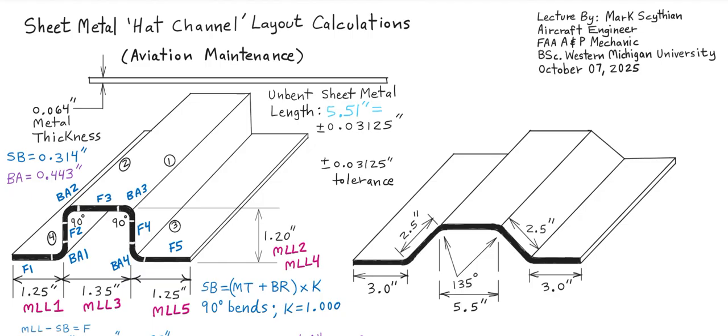And that is not simply just a significant digit mathematical calculation, but it is with respect to the FAA requirements as per AC 43-113B. So legally, it would suffice as 5.5 inches unbent length. So if you put that in the structural layout calculations on the paperwork, it would pass inspection.